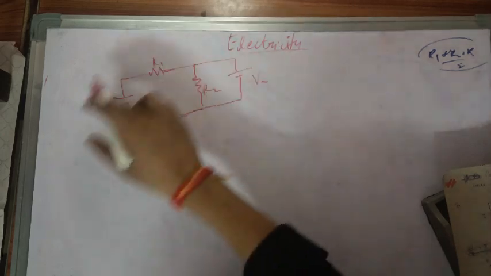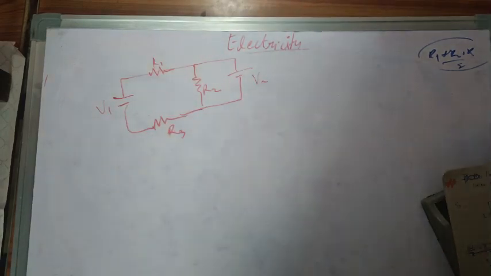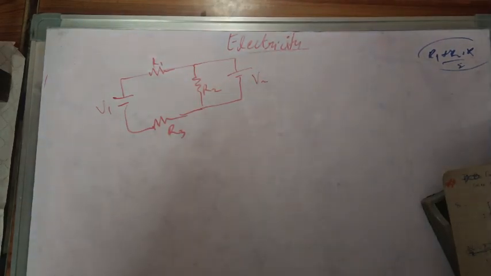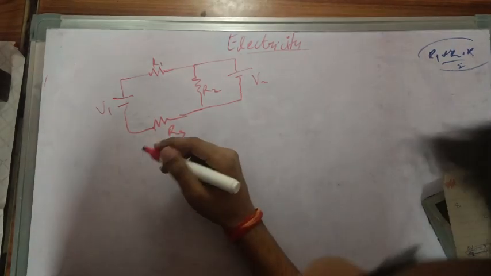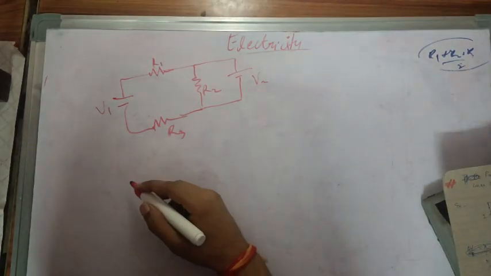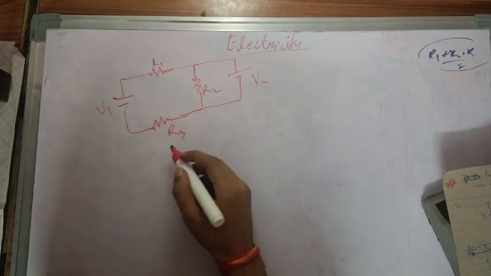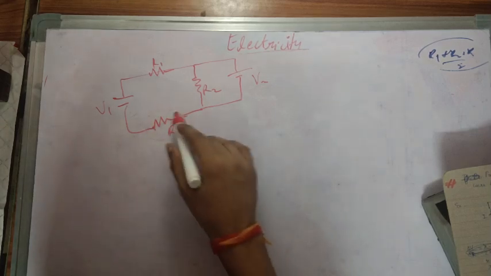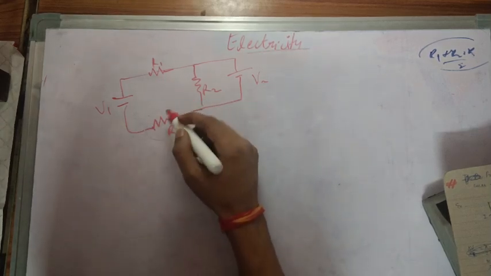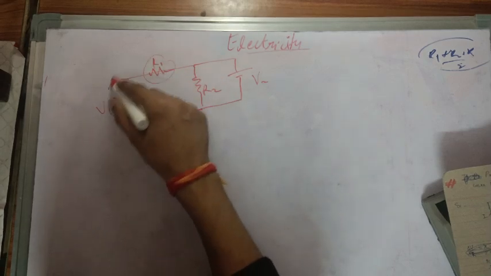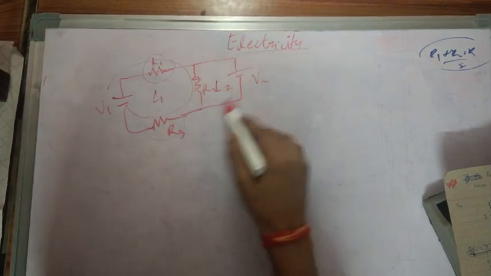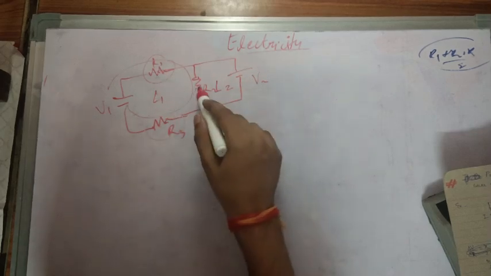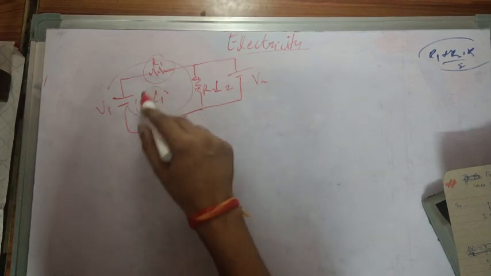In such a circuit, first I have to see whether I can simplify it. I can simplify this circuit by first seeing that this resistance is part of this loop. This is loop 1, this is loop 2. This resistance and these all three are part of loop 1.